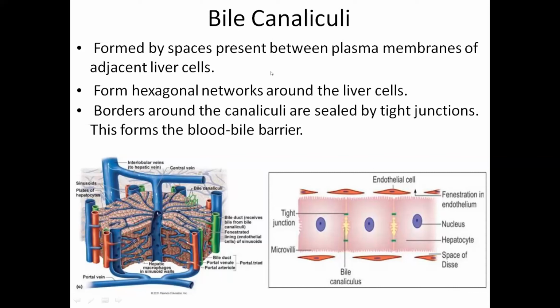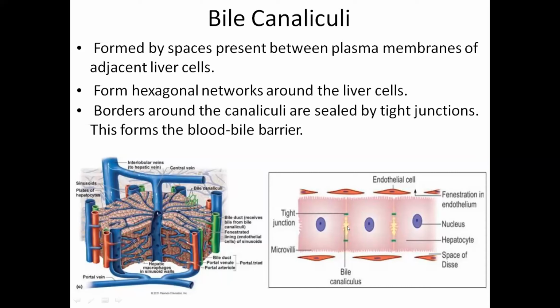So bile canaliculi are found between the spaces. Here you can note in the diagram the hepatocytes. In between the hepatocytes, there is the plasma membrane. The bile canaliculi are formed by the spaces between these plasma membranes of adjacent liver cells.